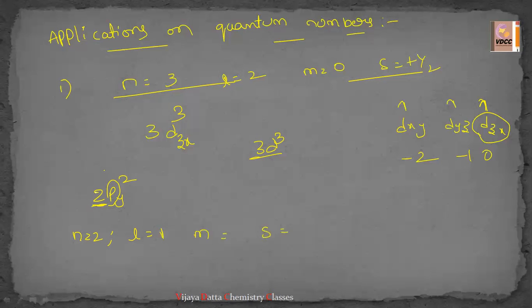Here we are talking about px, py, pz, which correspond to minus 1, 0, plus 1. According to m, the value for py is 0. So m value is 0. Now, how to identify s? It is 2p2, which means one electron here, one electron here, isn't it?